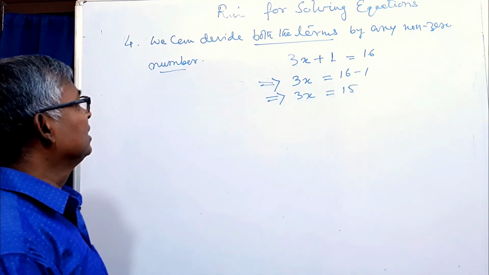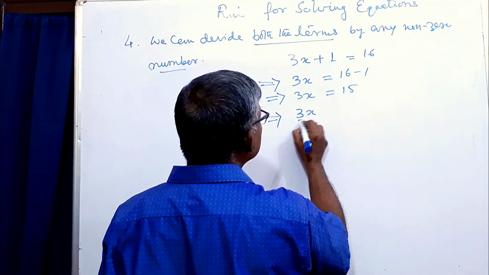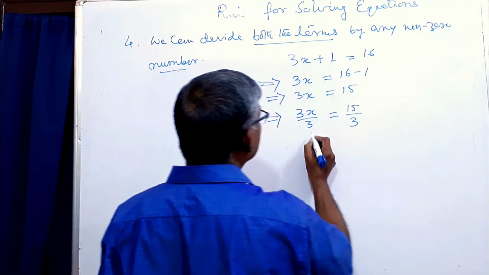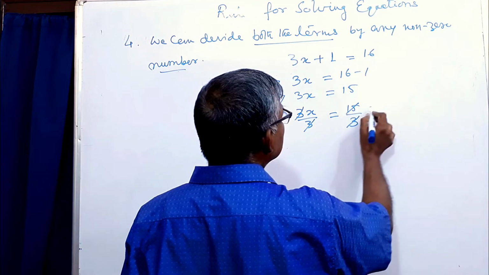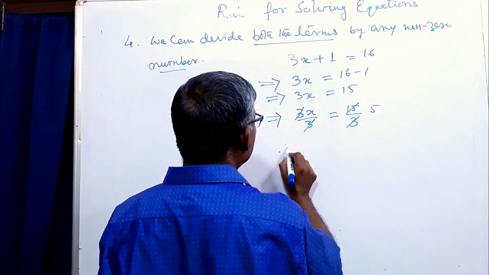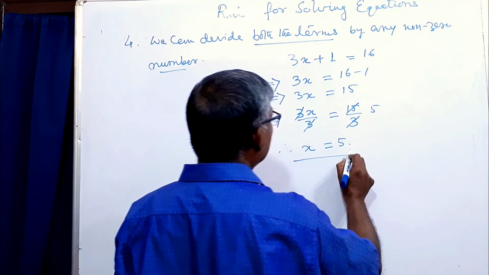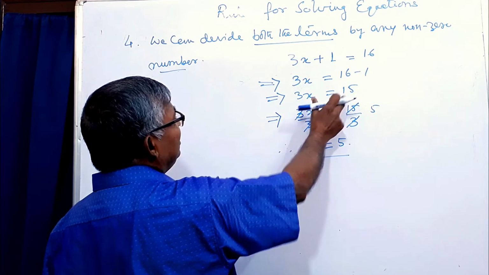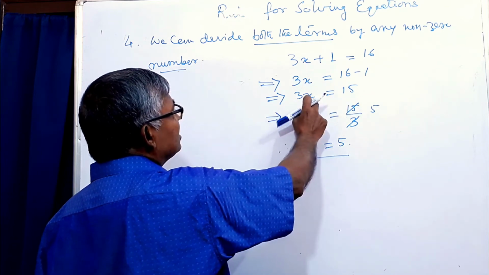Here, if we divide both the terms by 3, 3x by 3 equals 15 by 3. Here 3 and 3 cancel and that is 5. Therefore, x equals 5. Here you see both the terms are divided by 3 because the coefficient of x is 3.